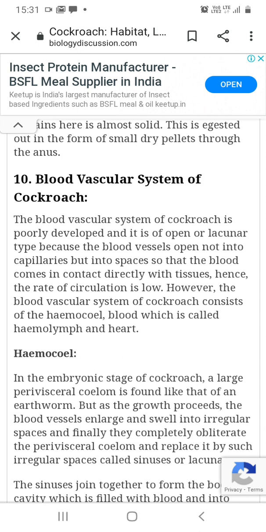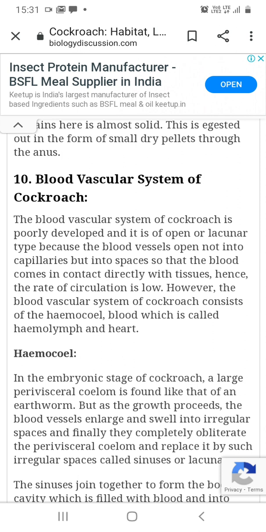All the tissues are bathed in the hemolymph, and thus the exchange of nutrients and waste occur from the tissues into the hemolymph, and the nutrient are supplied from hemolymph to the tissue. So this is the nutshell about circulatory system of cockroach.